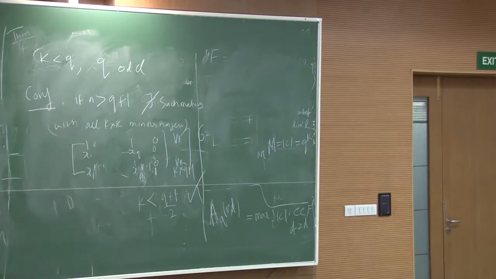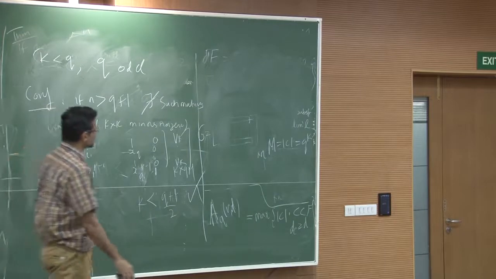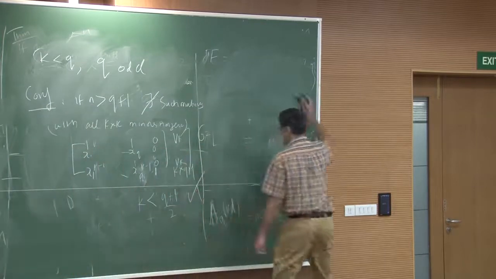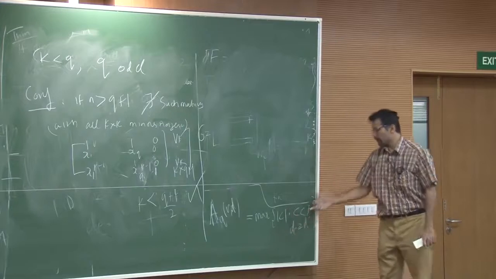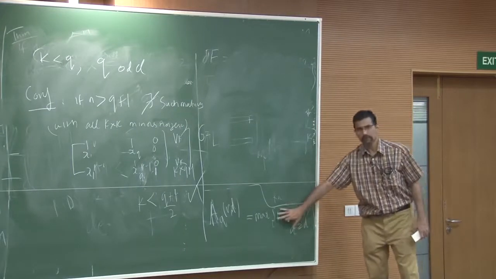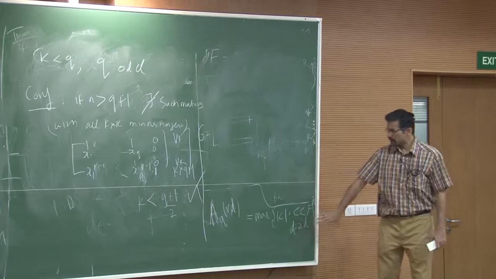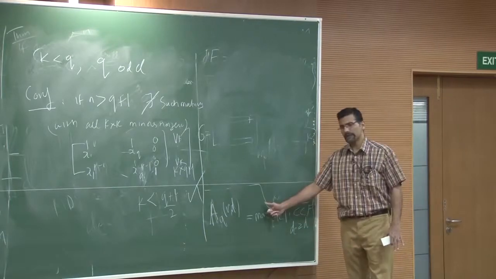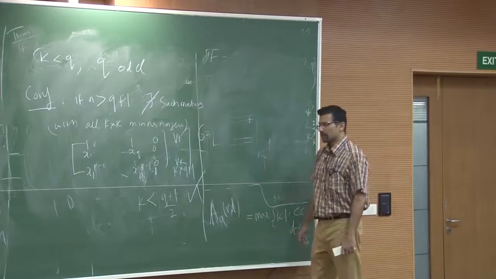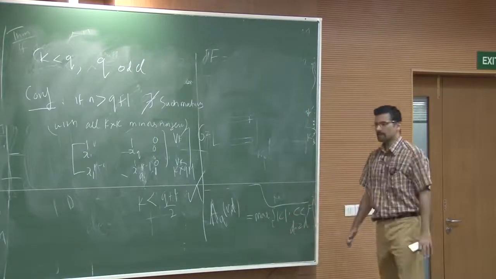So the third is analytical. Recall, we are looking at subsets of F to the n, called codes, whose minimum distance is at least d, and we are maximizing this because the understanding is what is the maximum possible.